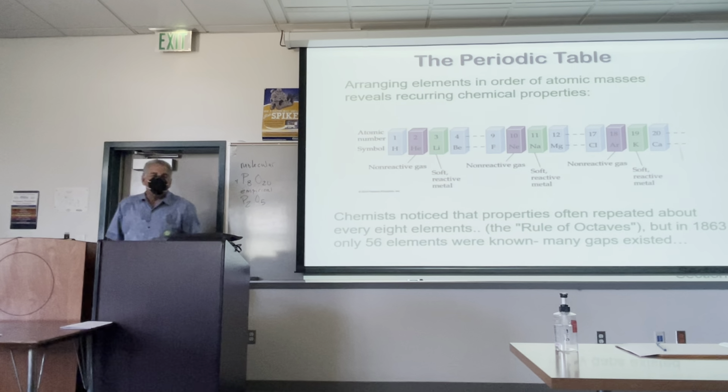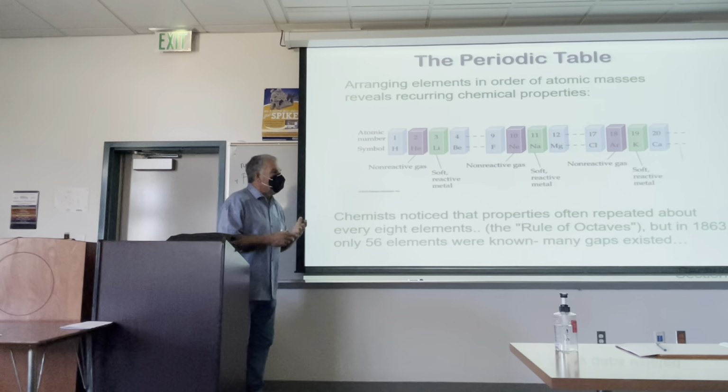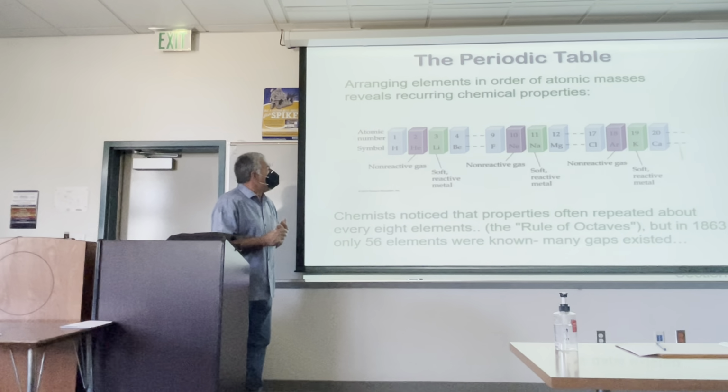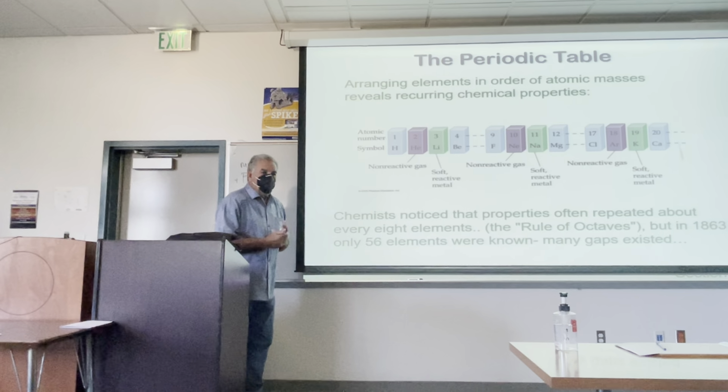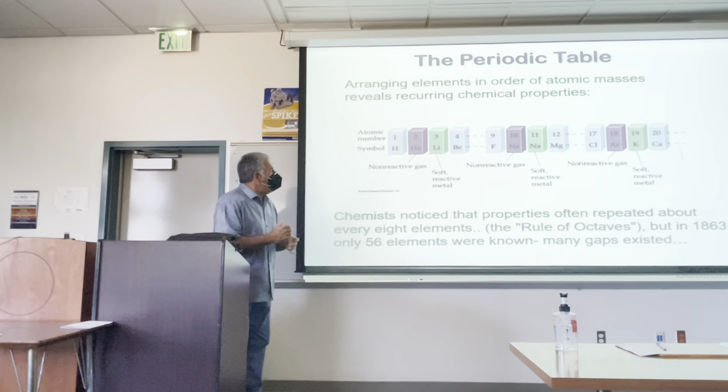Okay, so we've got all these things tied together, right? We know elements form compounds, and that we know the number of protons and the number of neutrons, but how do we put them together?